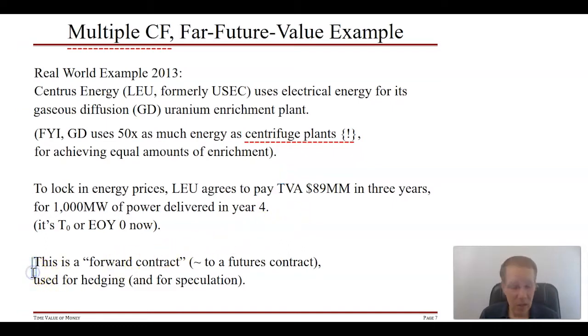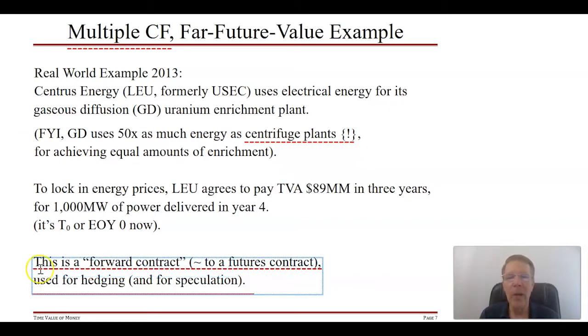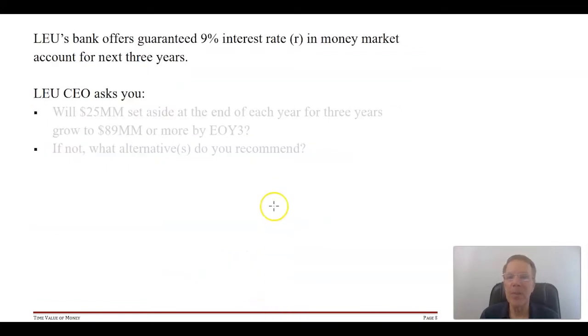And this we talked about a little bit in chapter 2, when we talked about hedging and futures contracts and forward contracts. So the TVA did this so they didn't have to worry about the price of electricity going up a lot in the future. So they'd be able to plan for their costs. This is a forward contract because it's directly between the TVA and LEU or USEC, right? So a little bit different than a futures contract. That doesn't matter for us here.